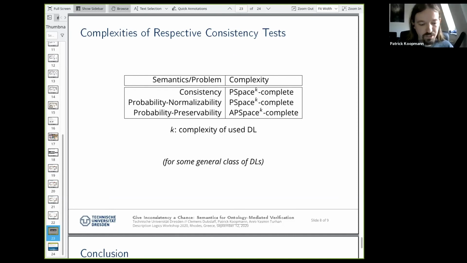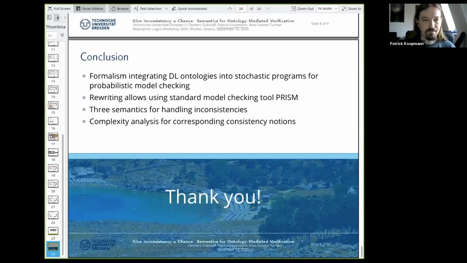What is still open so far is how to actually perform model checking and whether our rewriting approach can be adapted. It currently looks like we're more heading towards an adaptation of the model checking tool to be able to perform model checking tasks with inconsistencies.